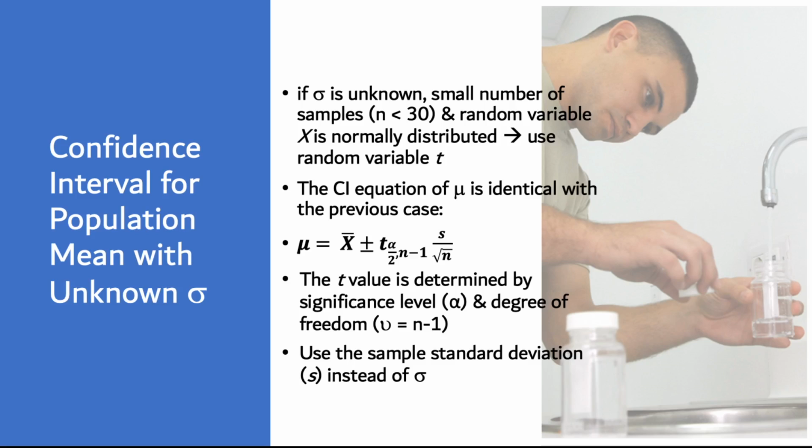If the corresponding random variable can be considered normally distributed, then the confidence interval formula changes to something like this. This formula is very similar to the previous one, but the quantity z is now replaced by t, whose value is determined by the significance level and also the degree of freedom. In addition, the sample standard deviation is used to replace the population standard deviation.